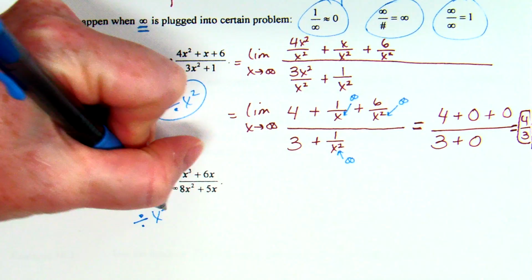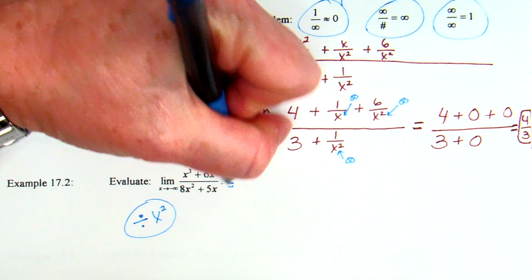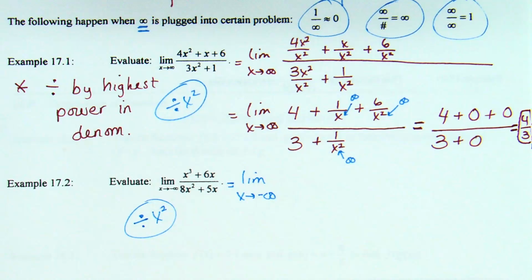Notice it's specifically the highest power in the denominator. Divide everything by x squared. So it's still the limit as x approaches negative infinity. Now, do you want me to write it out like I did the first step last time, or can we jump to the second step, where we have the simplified versions?